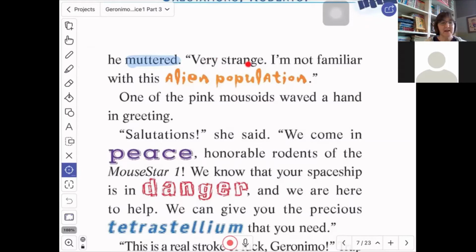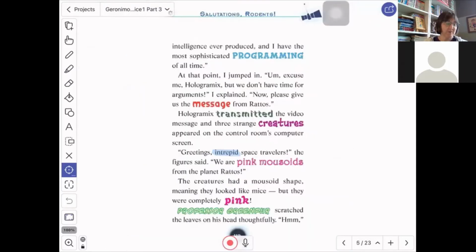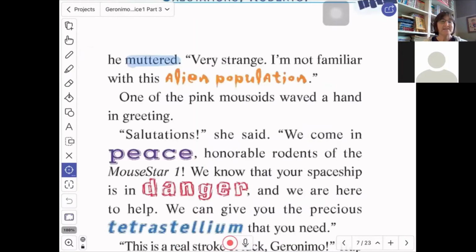"Very strange," he said. "I'm not familiar with this alien population." You know, I find it interesting that this is the second time that Professor Greenfur has noticed something that doesn't really make sense. Wasn't he the one that said that element they're looking for, stellium, interstellium, whatever that element is called, for the batteries to save the engine from exploding, that's supposed to last for centuries?